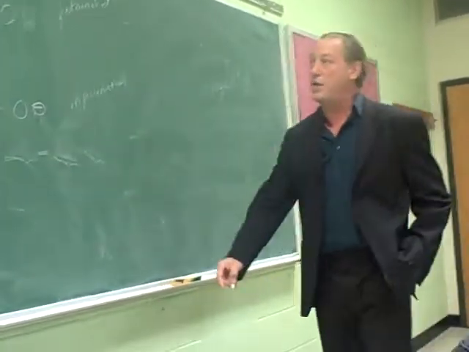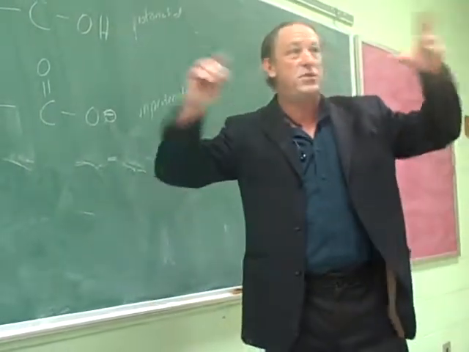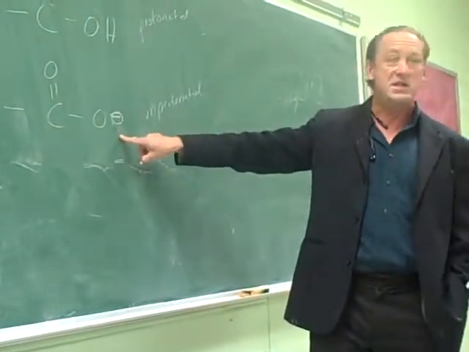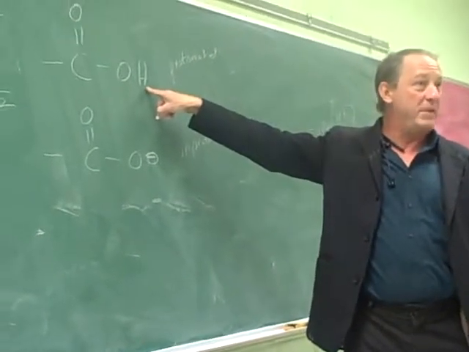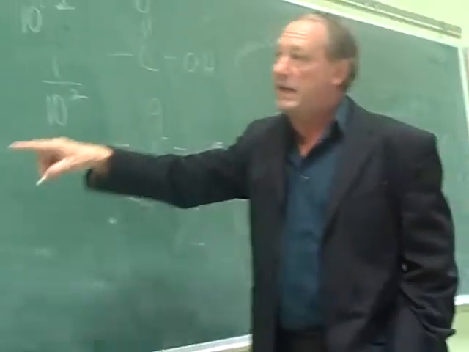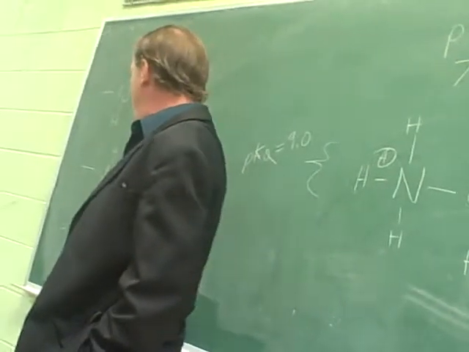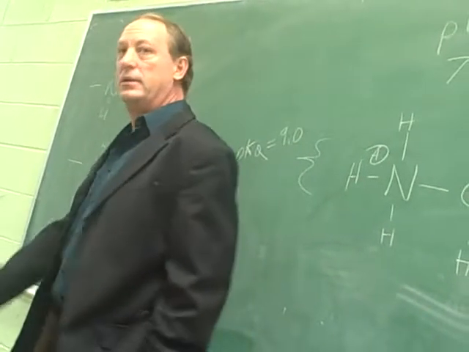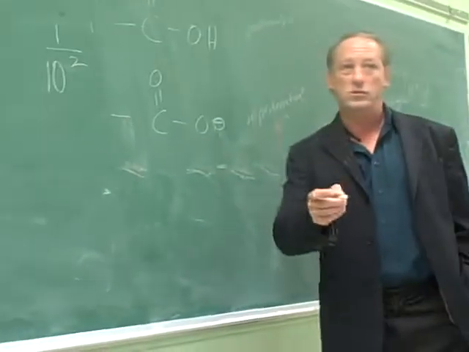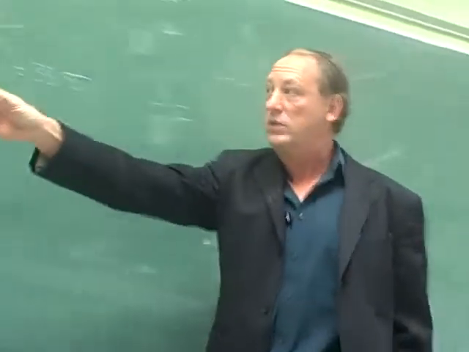If your pH is really low, you're going to have tons of free protons running around. If you have this form, you'll probably stick a proton on it and get that, depending if you have enough.